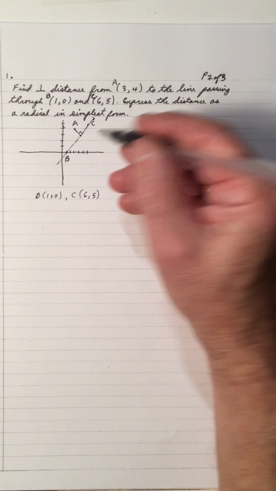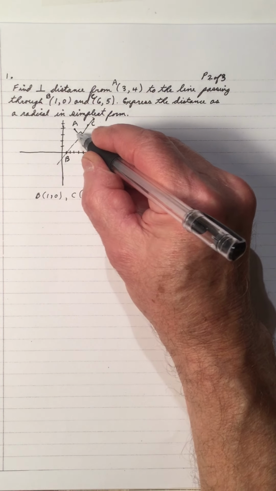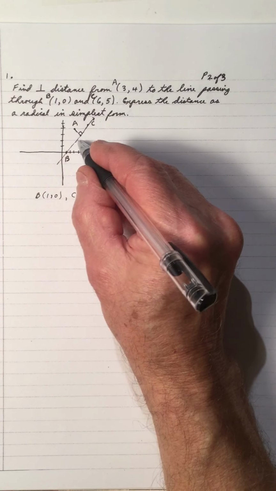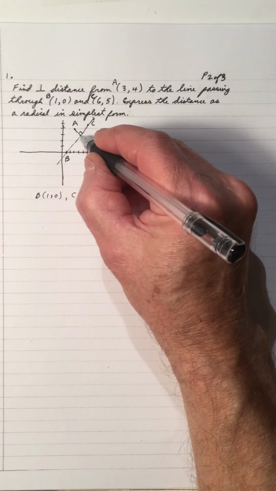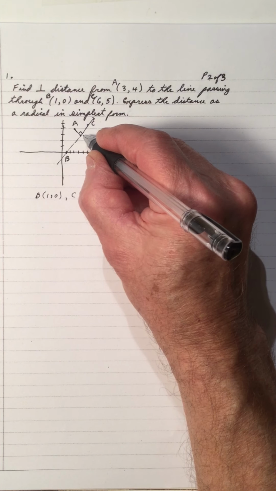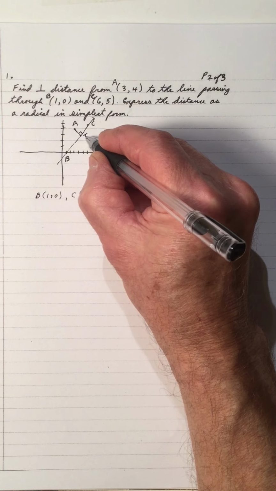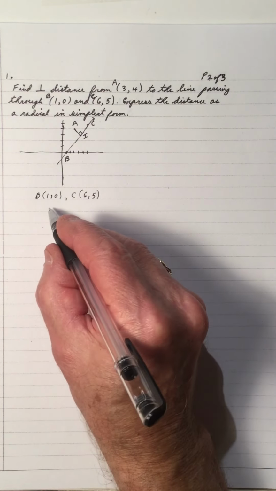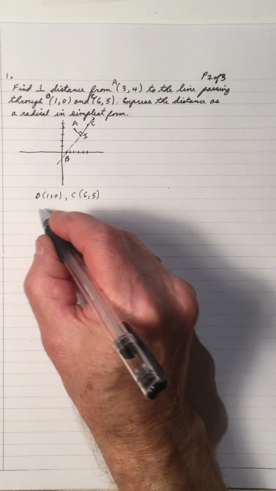That will give us the point where they intersect, and then we can use the distance formula. So I'm going to get the equation for BC, and the point of intersection I'm going to call I, so we won't get confused.